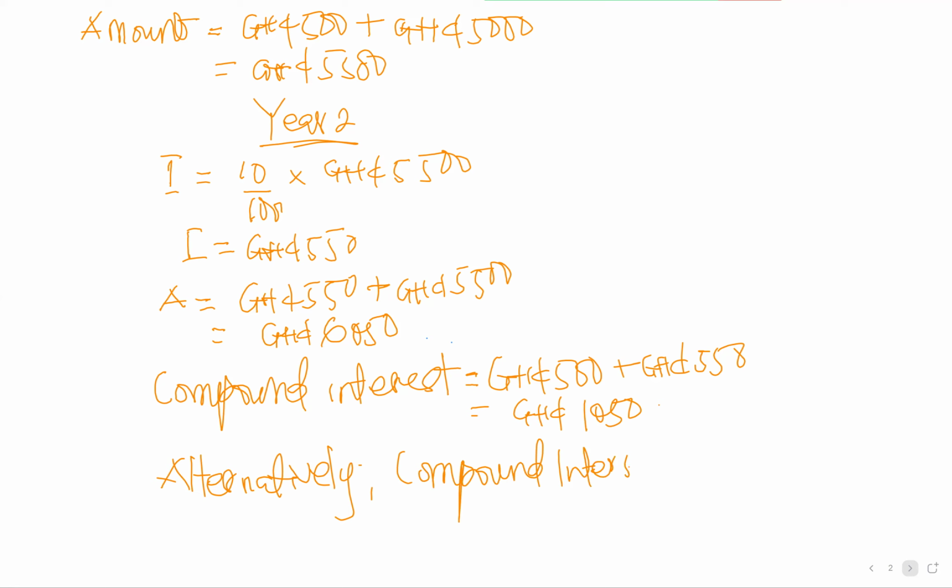You came in with 5,000 cedis, and now you are earning 6,050. So 6,050 minus the 5,000 cedis you brought, right? If you do it, you're still going to get 1,050. Any question, please?